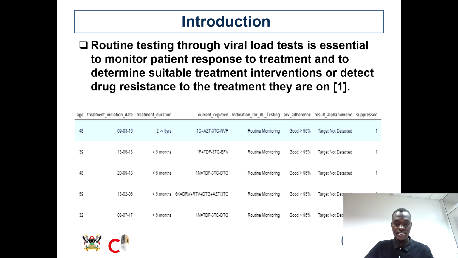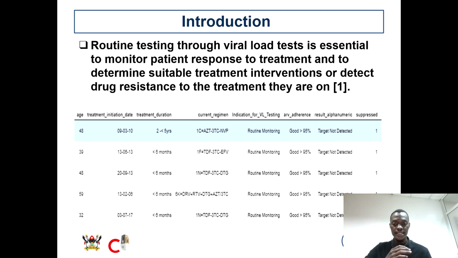One of the ways to control the spread of this disease in your body is adhering to ARVs, taking your ARVs in time, and that is for all the patients that are already on treatment. For the treatment to work, you need to be adhering to the drugs, taking them in time, at the right amount.